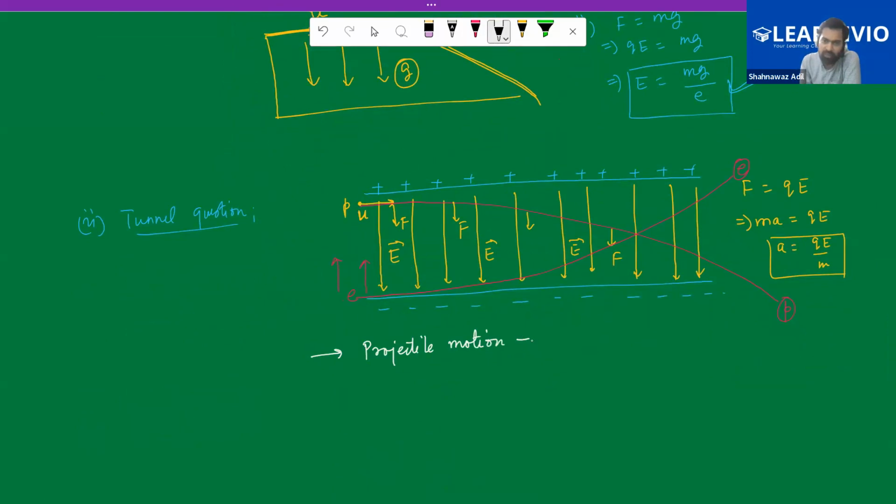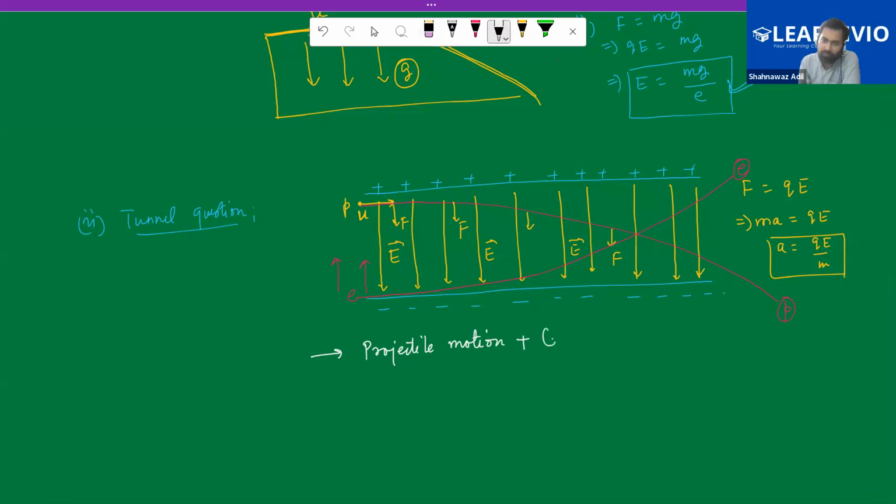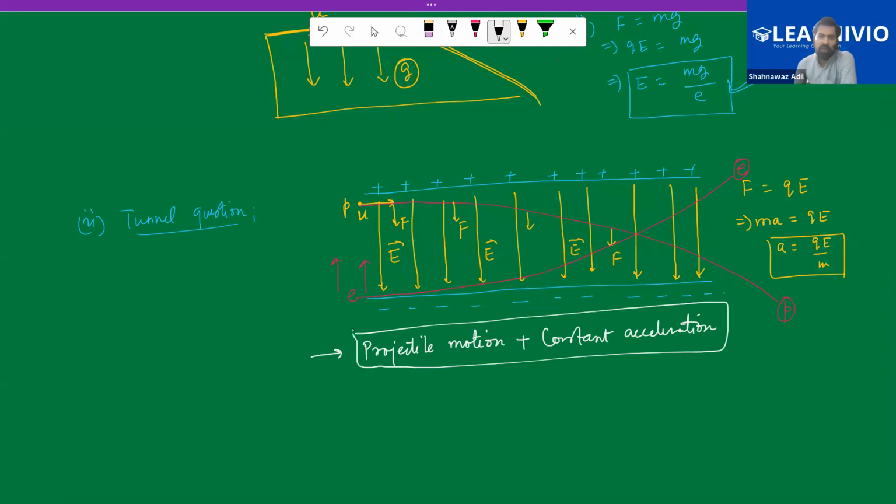And then you have acceleration, which is downwards or upwards depending upon the charge. So this is a constant acceleration. Right. So this is the thing that you have to figure out in this question.